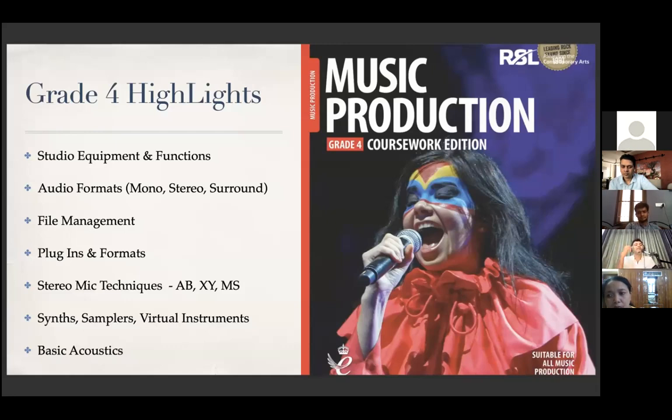The second thing is samplers. What are samplers? Samplers basically take an existing sound, which could be one small hit, a drum hit, or a loop, and they allow you to modify it and recreate sequences.